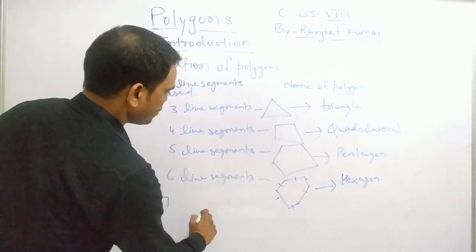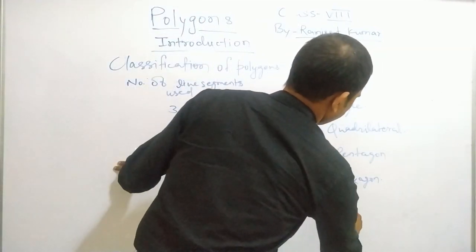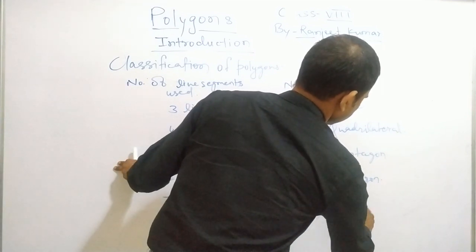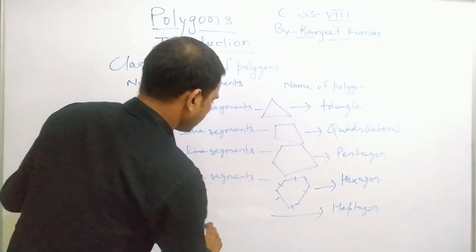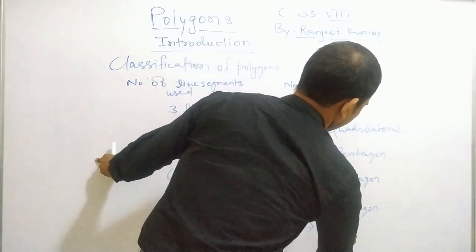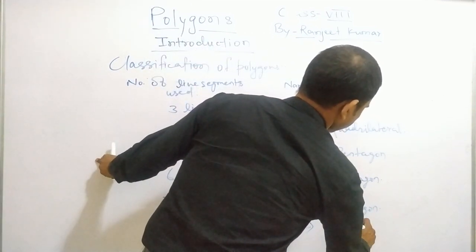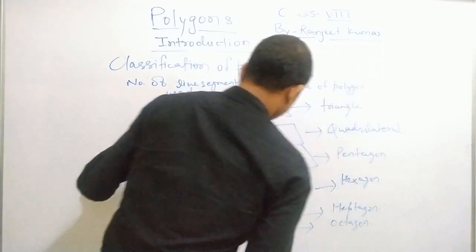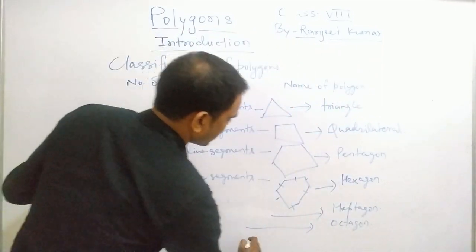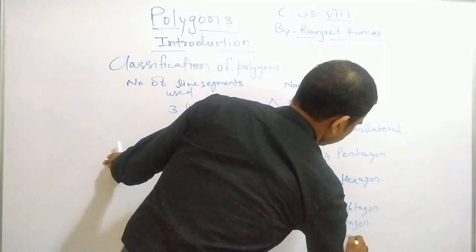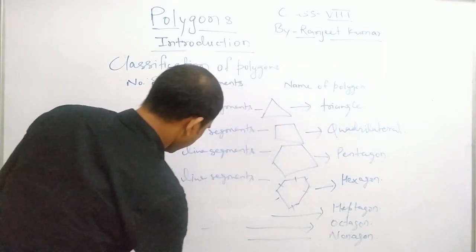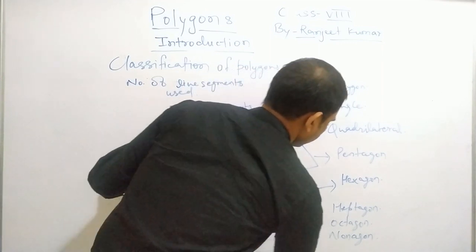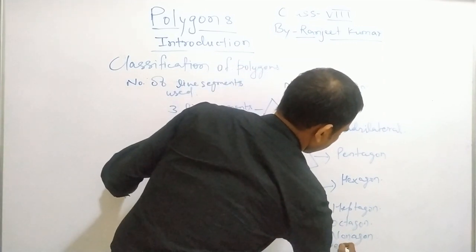With seven, we can make heptagon. With 8, we can make octagon. With 9, we can make nonagon. And with 10 line segments, we can make decagon.